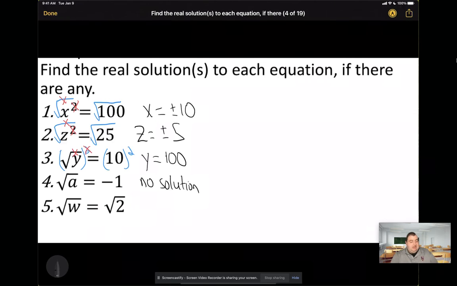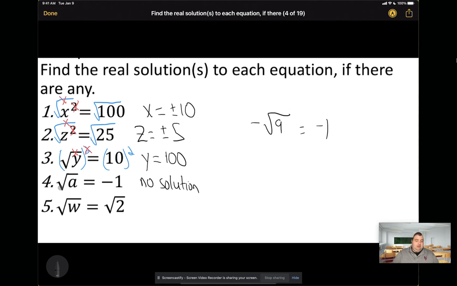Now, I should add that if I change number 4 so that it said negative square root of a equals -1, it would be solvable, because this would be saying that a negative number is equal to a negative number, which is possible.